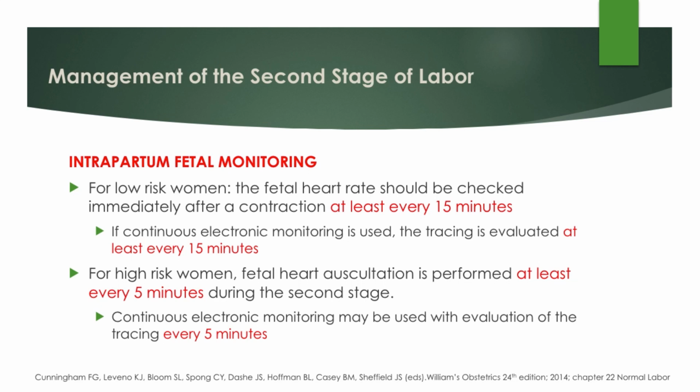Now, as I said, during the first stage of labor, we monitor the fetal heart rate every 30 minutes for a low-risk parturient, but for a high-risk parturient, we monitor it every 15 minutes. Now, during the second stage of labor, we monitor the fetal heart rate for low-risk women every 15 minutes. But for high-risk women, we auscultate for the fetal heart rate at least every 5 minutes. And usually, we do the auscultation after each contraction.